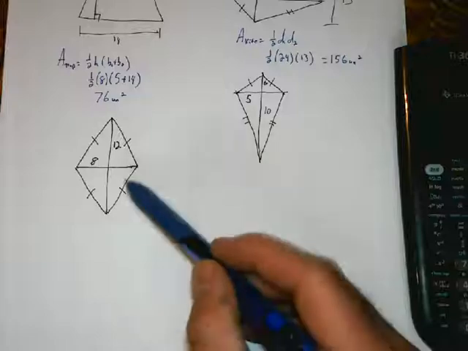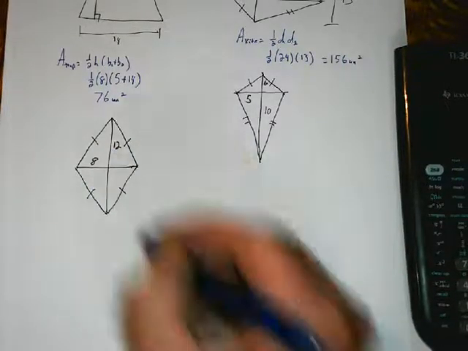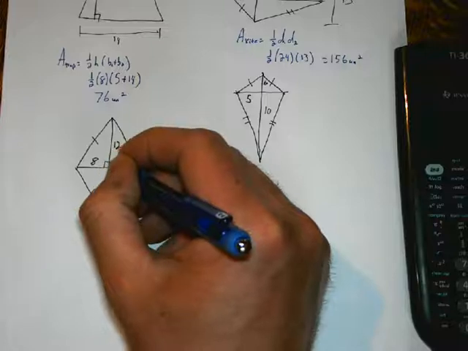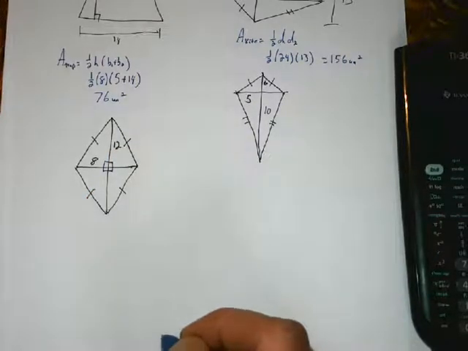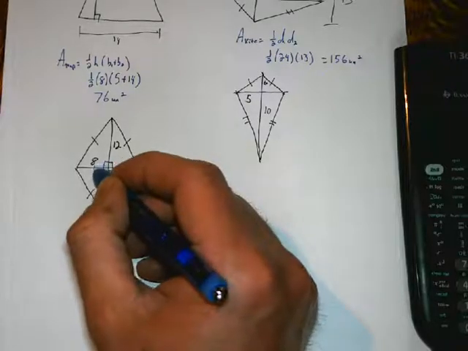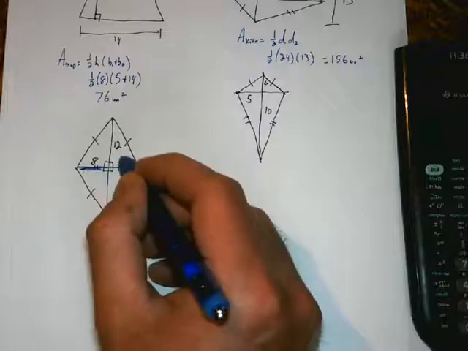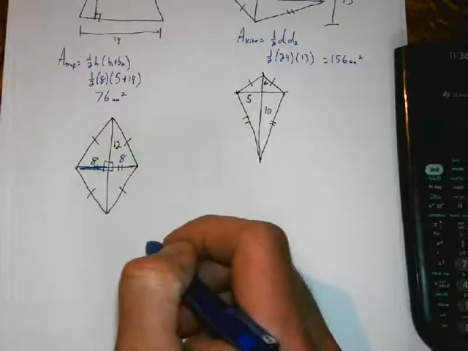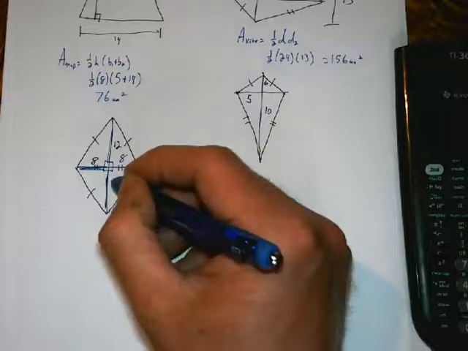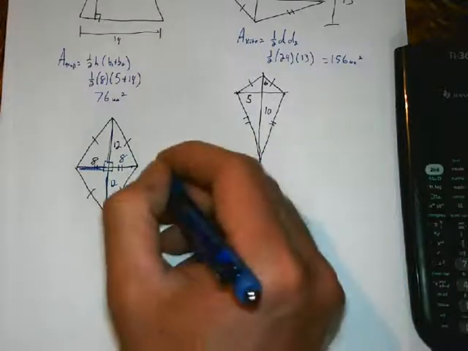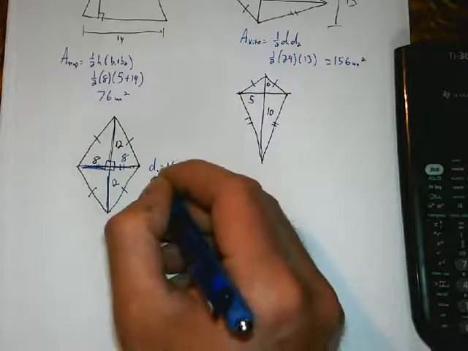Now, from here, go to the next one. This one, we have now a rhombus because we have all four sides that are the same, which means that we can also infer that we have right triangles here. The diagonals are always perpendicular. We also know that the diagonals bisect each other, so if this portion is 8, this portion is 8. Also, if this part is 12, that means this part is 12. So it gives us two diagonals. One of the diagonals will be 16 when I add these two together. The other diagonal will be 24.